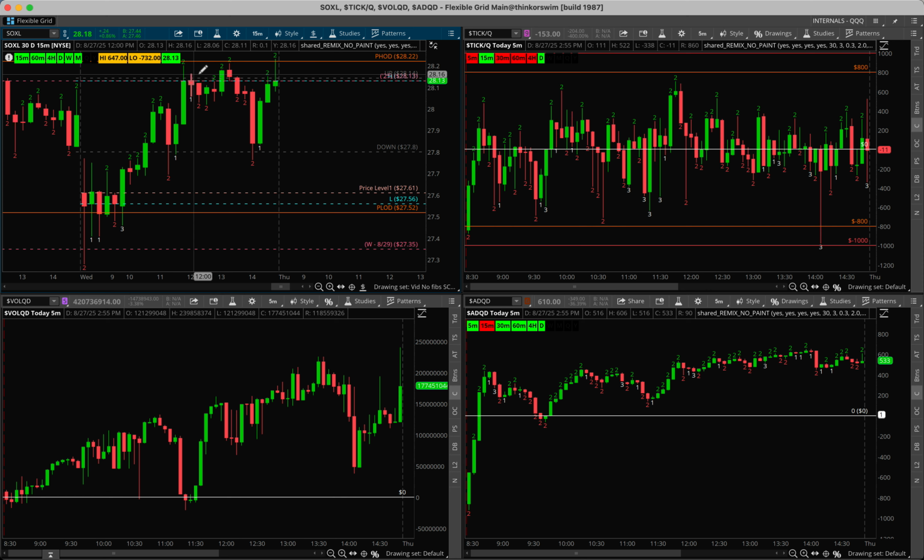So we did scale out at that point. We did leave some runners, but then once we got the lower low on the 15-minute, we did exit the rest of our runners. So we didn't get quite as much profit on the runners as we did the initial scale out, but still made profit because again, we entered down here.